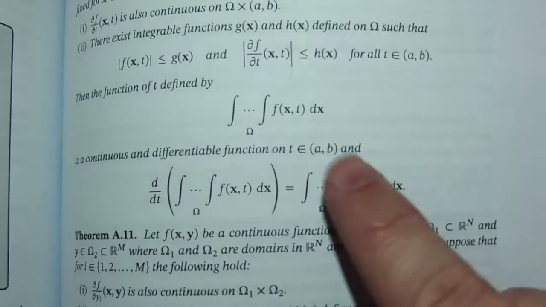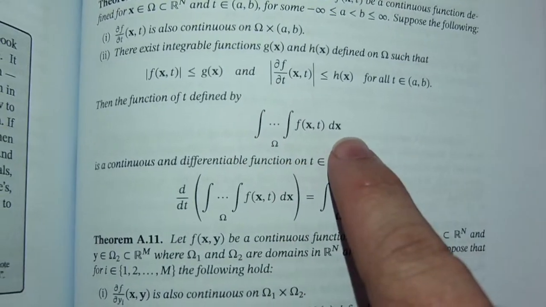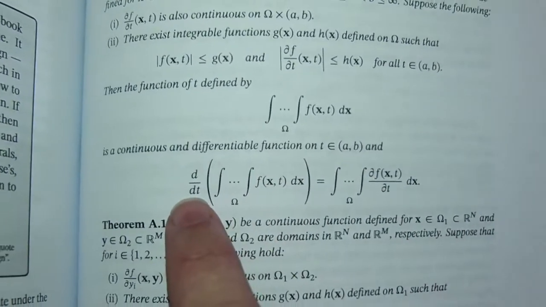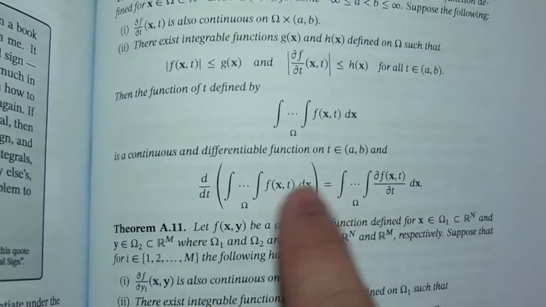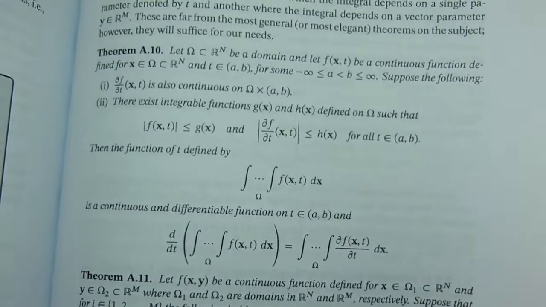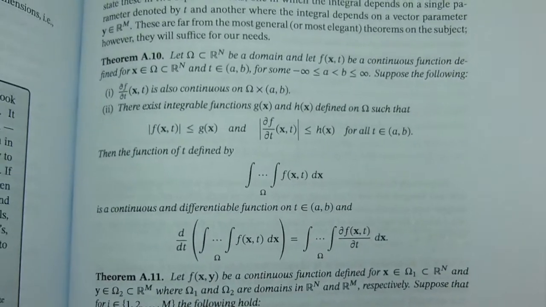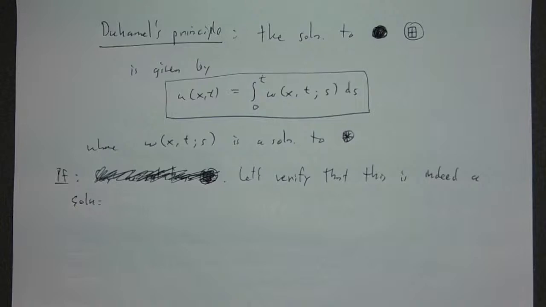Then this function defined here, notice that these integrals are with respect to dx, is a continuous and differentiable function. And this derivative with respect to t, which is not one of the derivatives being integrated with respect to, can be moved under the integral sign. Okay, most functions we encounter are going to satisfy this. This is just to bookkeep a little bit. Okay, and so I can indeed do the partial derivatives that I want to here.